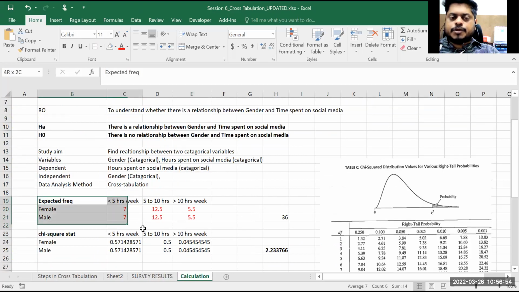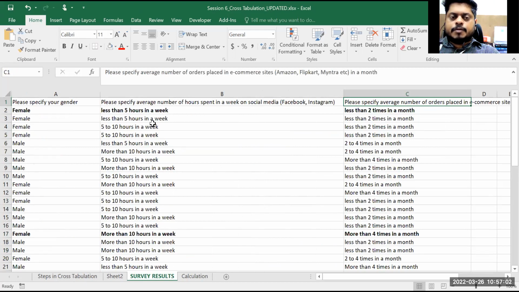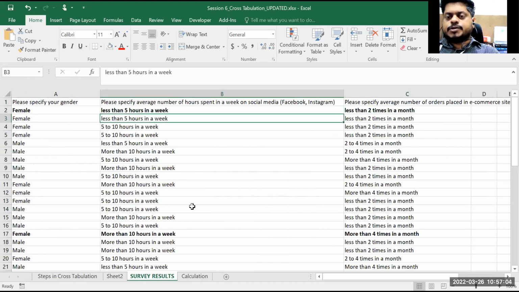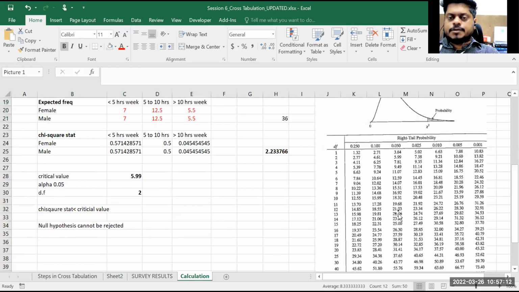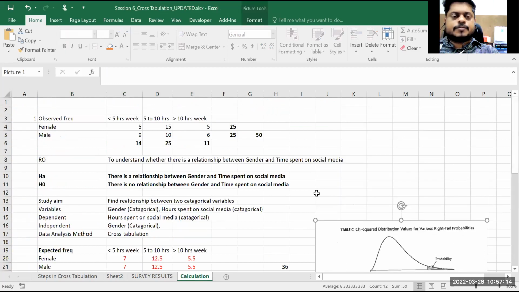So this part is important. Writing the data in a proper format is very important, because whenever you carry out a survey, information will be collected like this. Changing that to the correct format, to create a cross tabulation, is something you should be comfortable with if you are using this statistic.